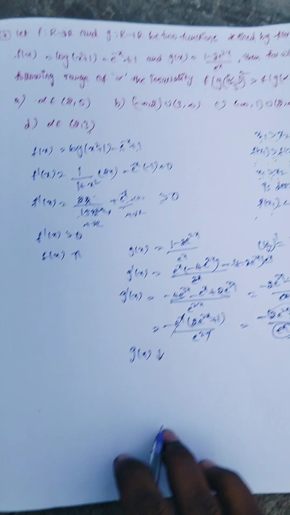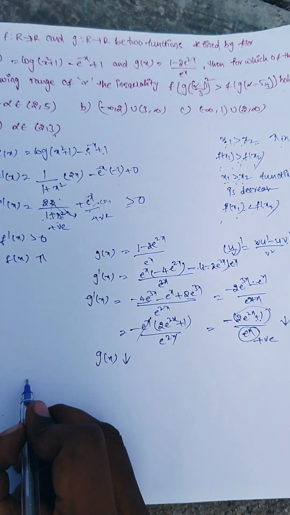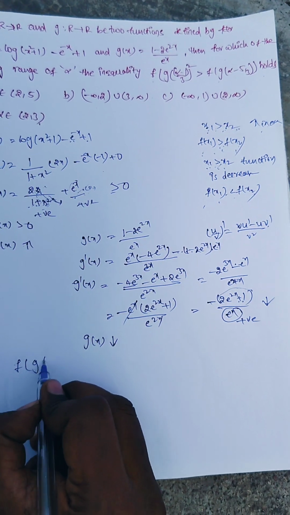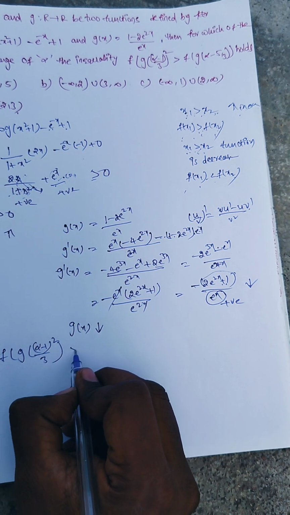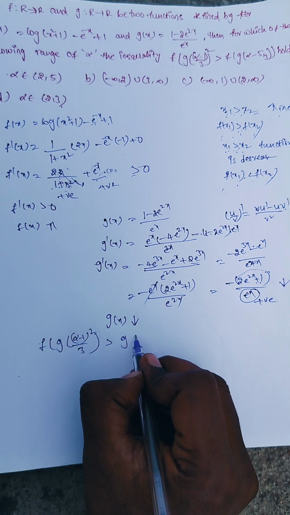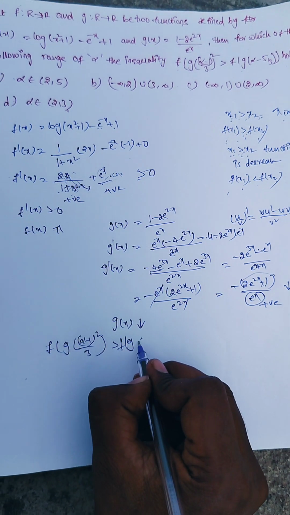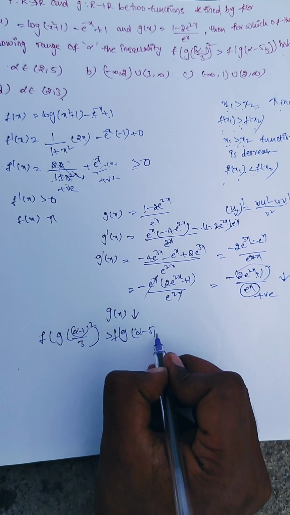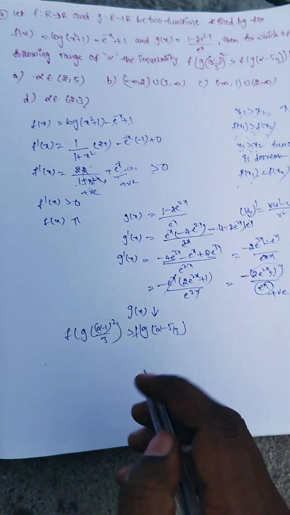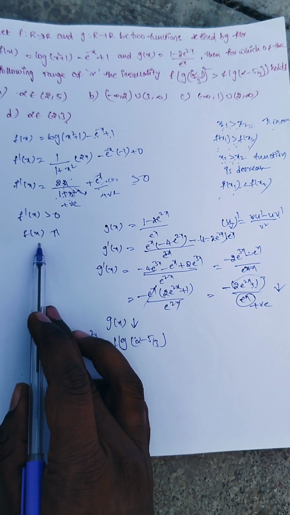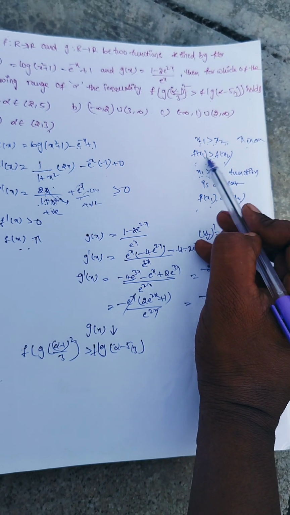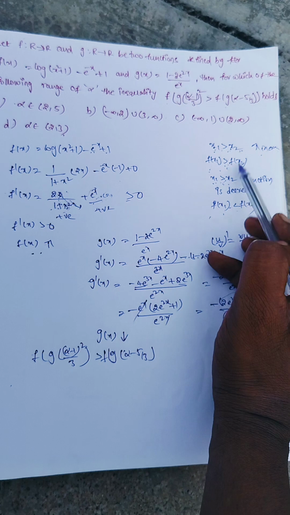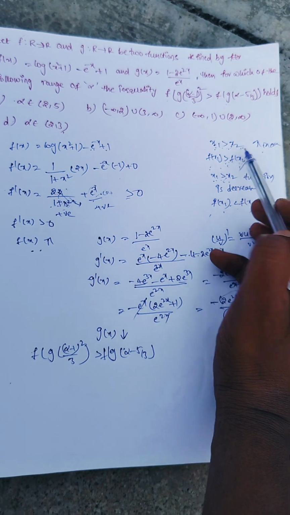Now here, what is the given condition? f of g of alpha minus 1 whole square by 3 is greater than f of g of alpha minus 5 by 3. Now here f is an increasing function. f is increasing means f of x1 is greater than f of x2, we can write as x1 is greater than x2.